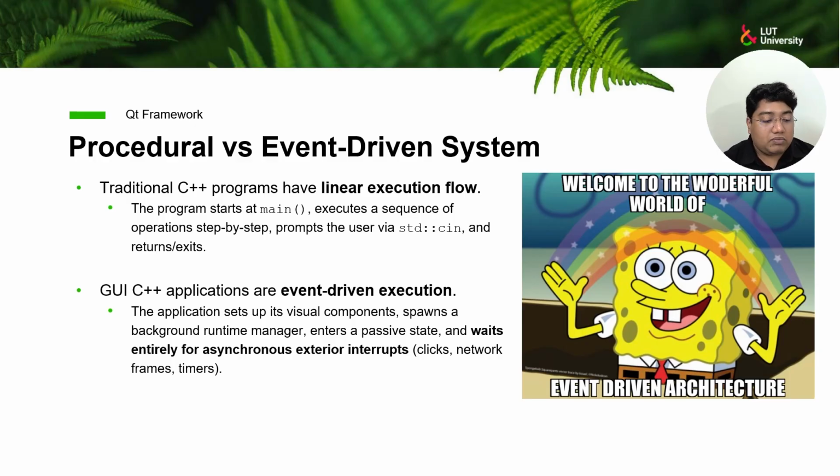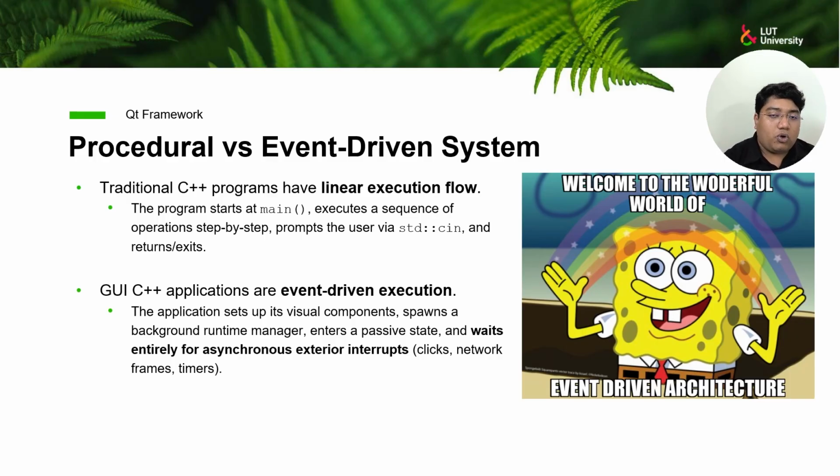Maybe it printed something, maybe it asked the user for input using std::cin. The user then entered some data, the program continued, and eventually main finished. Everything happened in one clear sequence. We often call that procedural or linear execution.